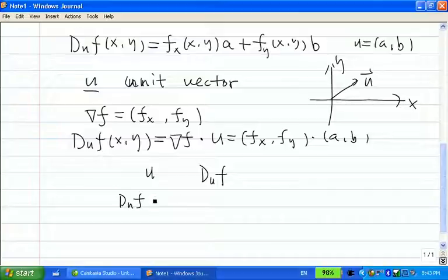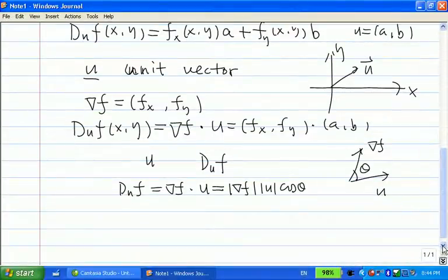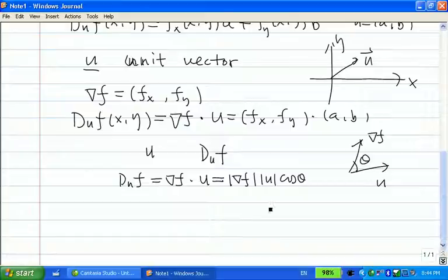Since the directional derivative is equal to gradient f dot u, try to recall that the dot product of two vectors has a formula: magnitude of gradient f times magnitude of u times cosine theta. u is a vector and the gradient f is another vector, and theta is the angle between those two vectors. For a given surface, f has been given, so this vector has been given.